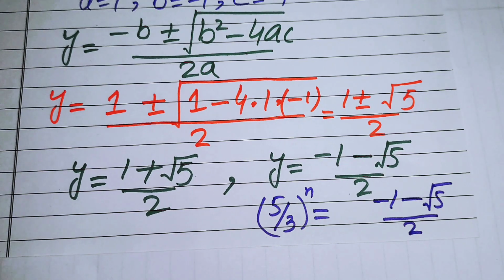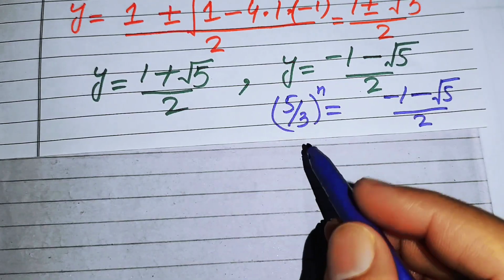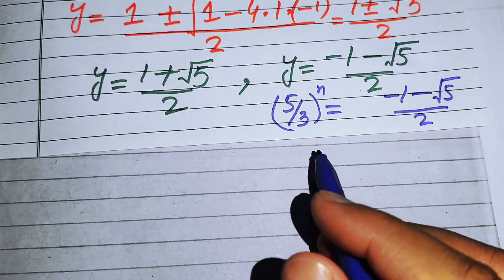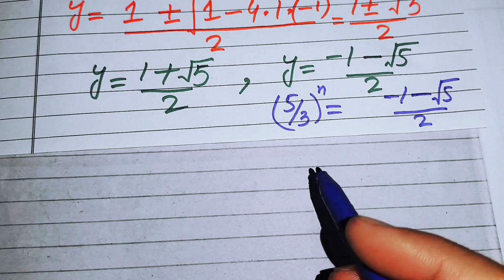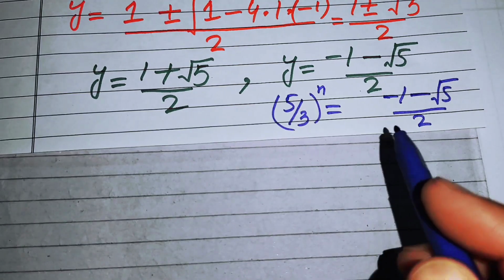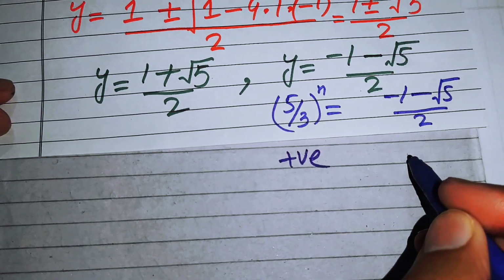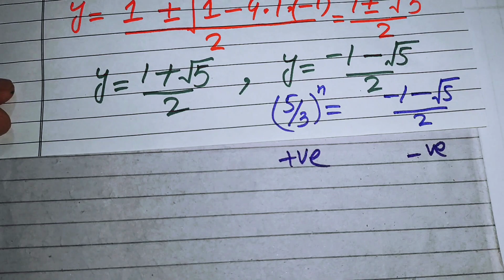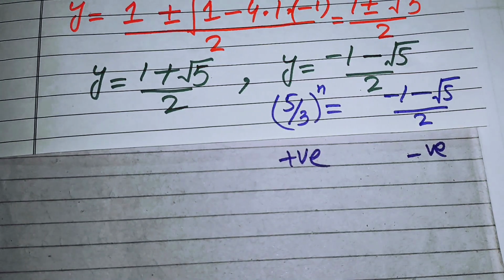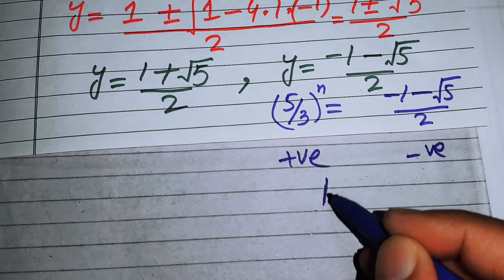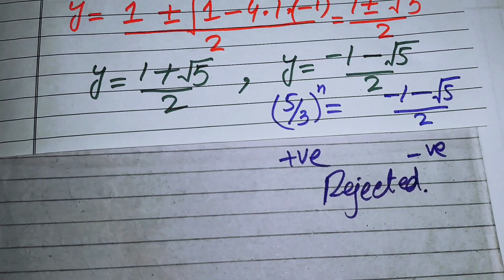Now you focus on this term, and you see that on the left hand side we have an exponential function, and you know that an exponential function always gives a positive value, and on the right hand side you have a negative value. So it cannot be possible for an exponential function to equal some negative value, so we reject this case, and we can just proceed with the other case only.